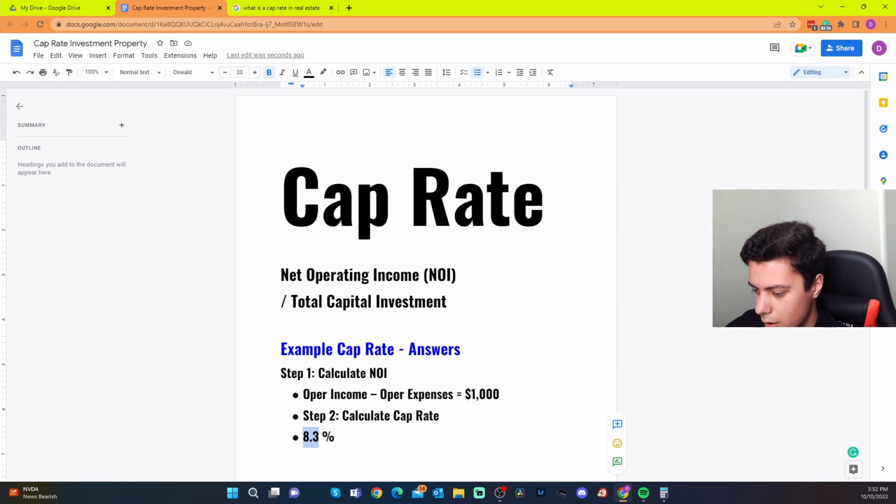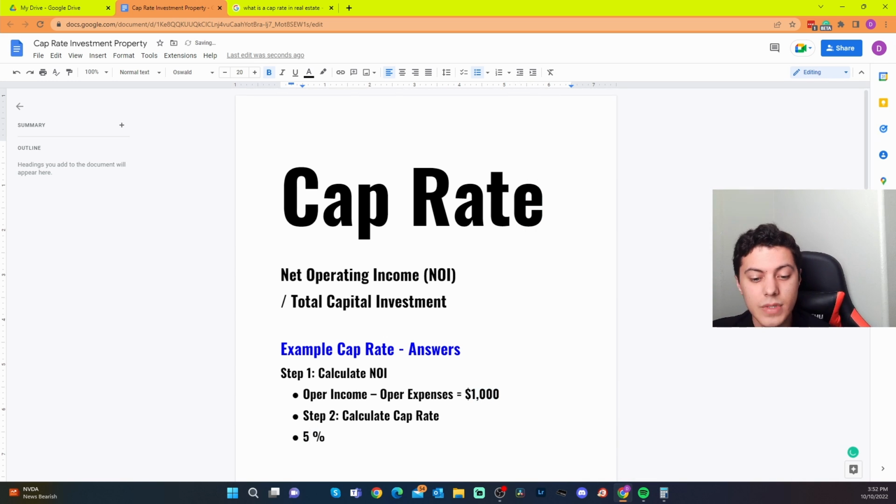So basically, I'm going to say 5%. And in your cap rate, you don't want anything less than 5%. In my own opinion, I think that's a bad investment. If it's very low, like 4, 3, 2, 1%, it's not good.